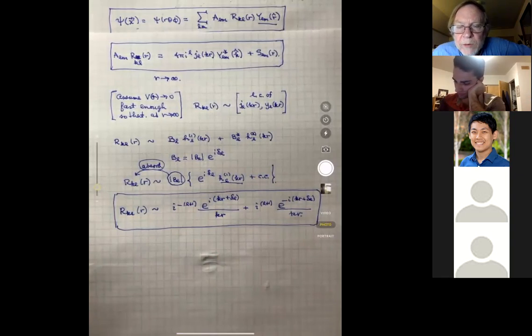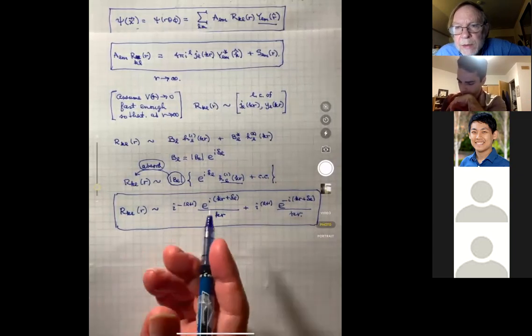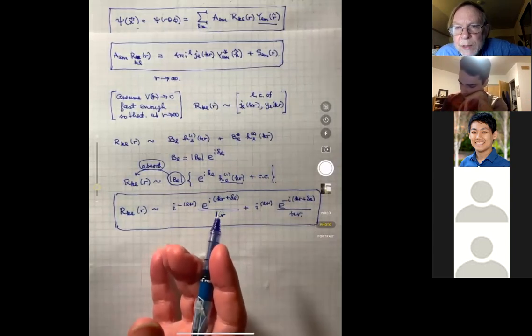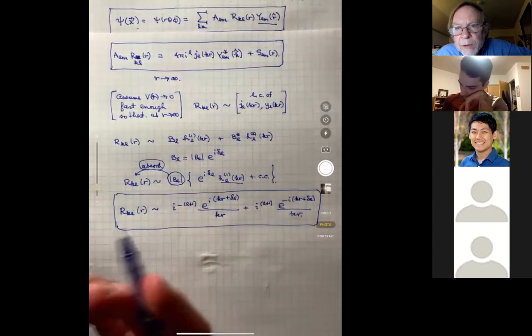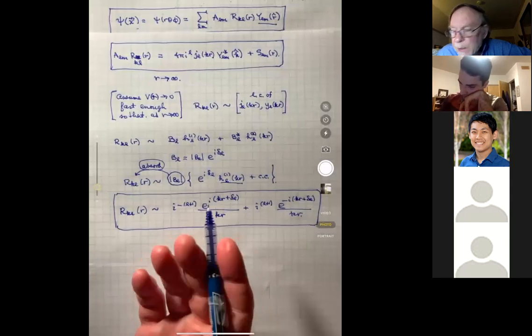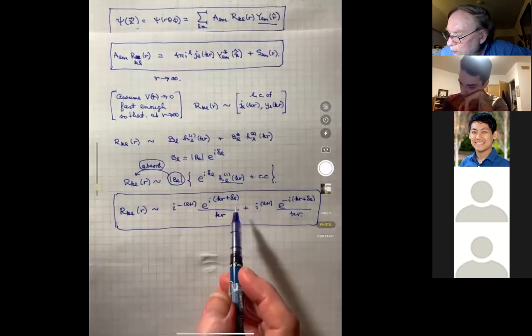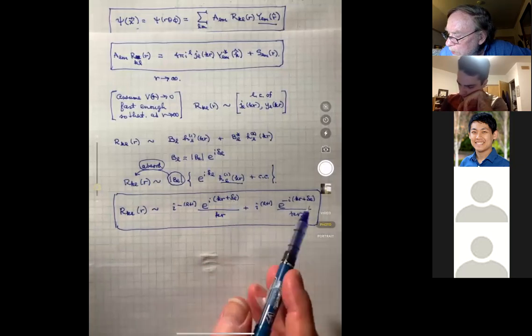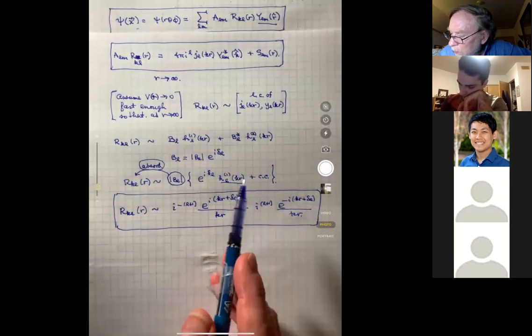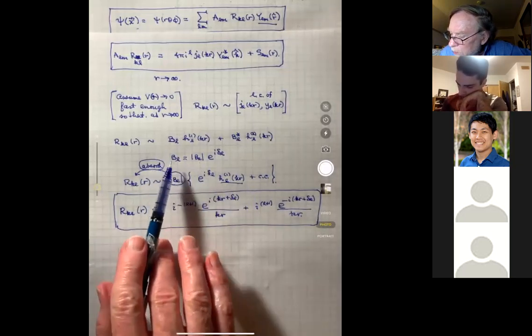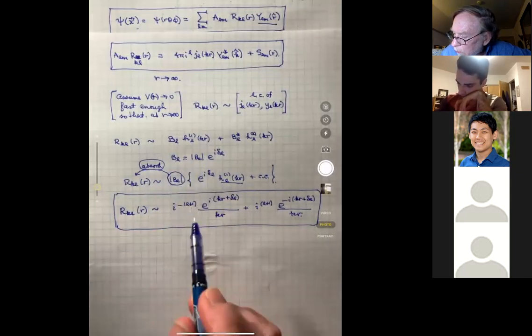I mean, solving the radial wave equation for the radial wave functions requires the knowledge of the potential, and there are a lot of different potentials. But what we see here is that if the potential dies off rapidly enough, then the behavior of that solution at large radii is determined by one parameter only, which is this delta L. Delta L was the phase part of this coefficient B_L.